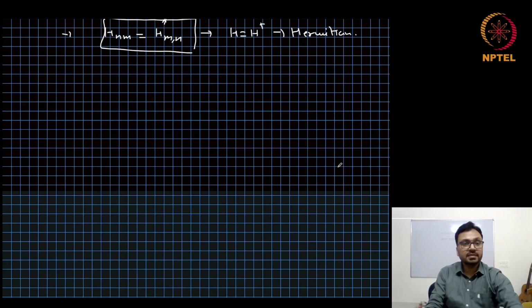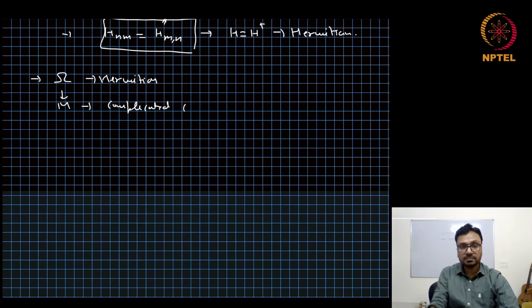Let us go over it again. We have a map omega, which is a Hermitian map. We have a matrix representation of it, M, which has a very complicated condition for it to be a Hermitian map.